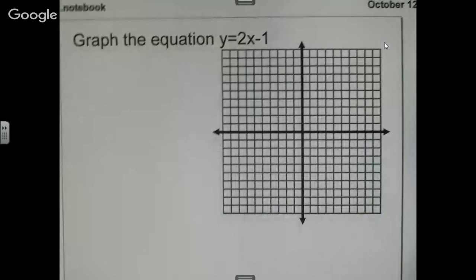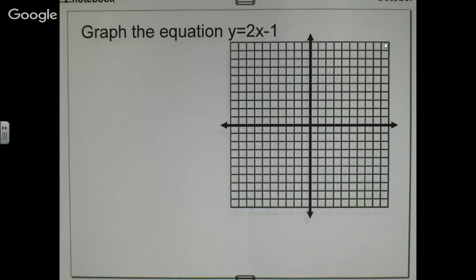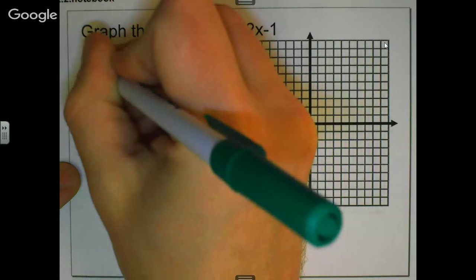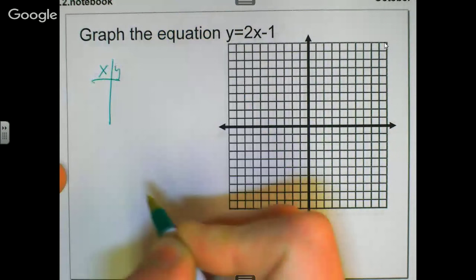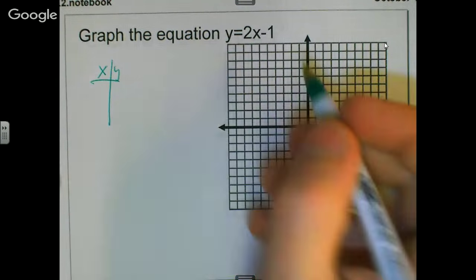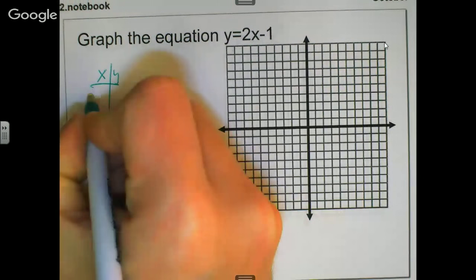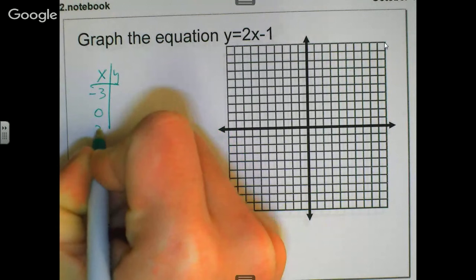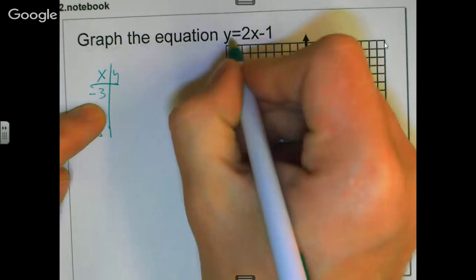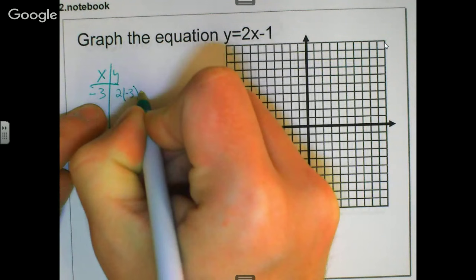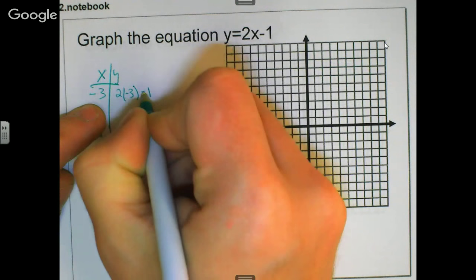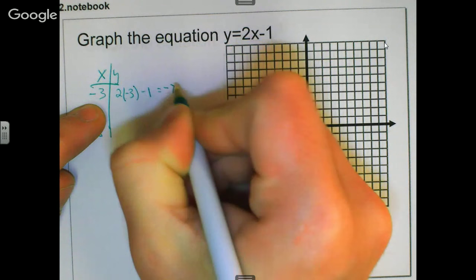So graph the equation y equals 2x minus 1. Let's just go back to the table here. This is the way that you probably did it first in maybe algebra. So we'll just pick some x values, let's say -3, 0, and 3. If I plug in -3 into this equation, we'll have 2 times -3 minus 1. So it's -6 minus 1, -7.